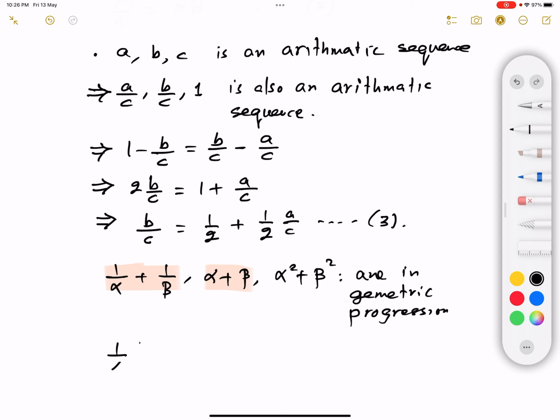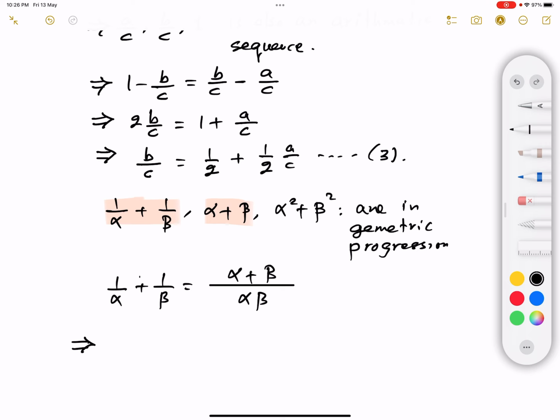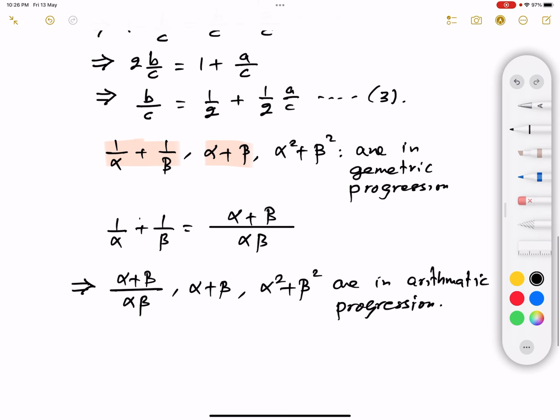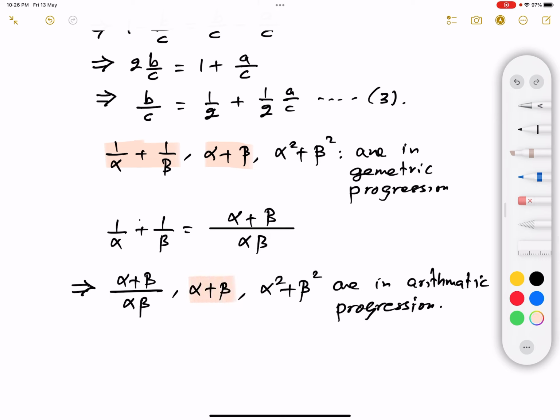The first element, 1 over alpha plus 1 over beta, can be rewritten as alpha plus beta over alpha beta. So alpha plus beta over alpha beta, alpha plus beta, and alpha squared plus beta squared are in geometric progression, which means that if we divide this term by this term, and this term by this term, that gives us a constant value. If we divide the second term by the first term, that gives us alpha beta.